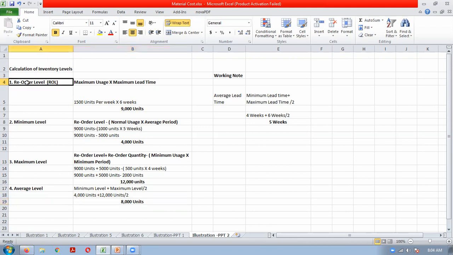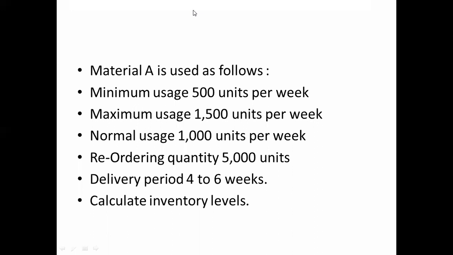Okay. So reorder level: when you should place the order. Reorder quantity: how much you should place the order for. Once your stock becomes 9,000, you will place an order for 5,000 units because that is the reorder quantity. So don't get confused. Reorder level means when you should place the order. Reorder quantity means how much you should order.